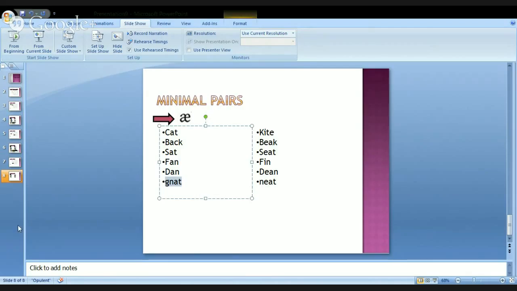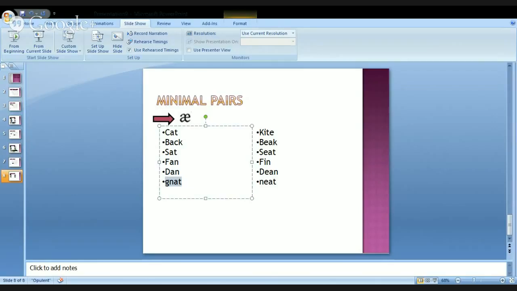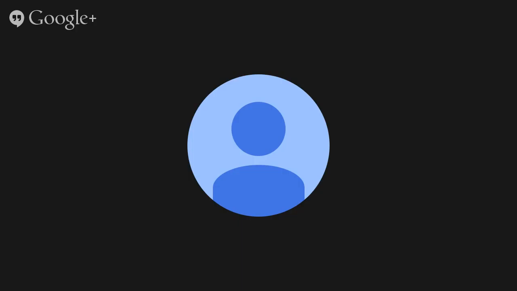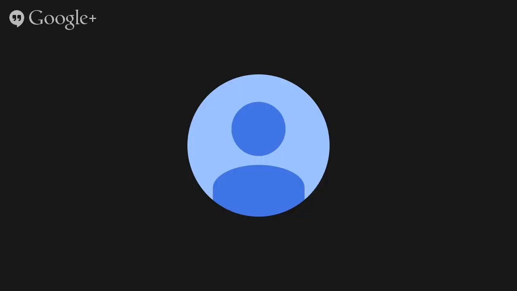So, for example, we could say cat, kite. Cat. Kate. You say Kate. This one is kite. This is a vowel sound we haven't gone over. Like I, right? Right, exactly. Back and beak. Back and beak.